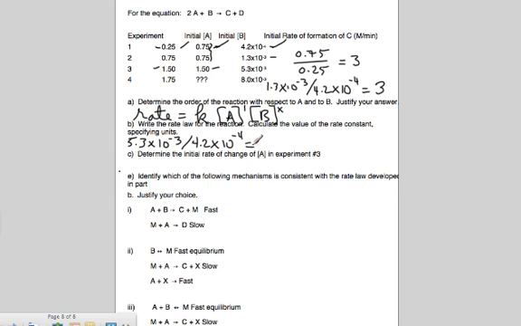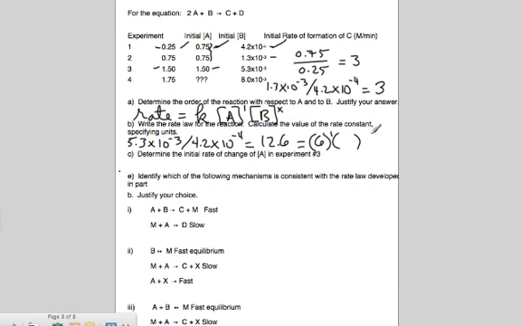So what happens to the concentration? Well, A goes from 0.25 to 1.5, so 1.5 divided by 0.25. So I know that I'm going to take 6 and I'm going to raise that to the first power. Then what is then the same? What happens to B is 1.5 divided by 0.75. So I doubled B.